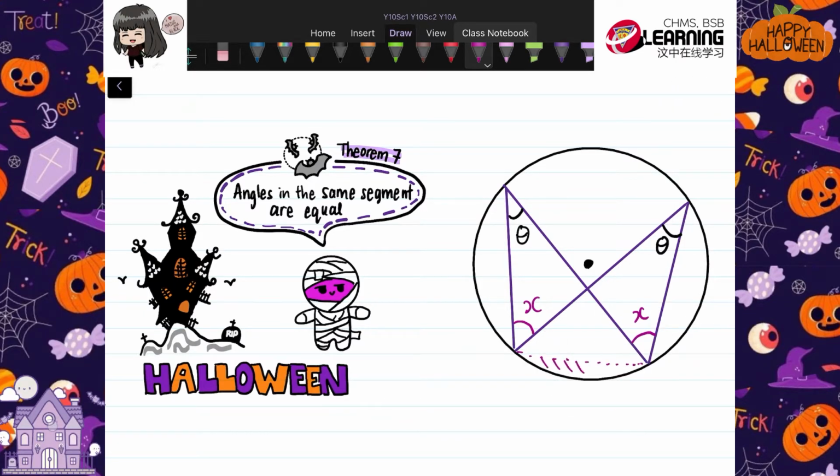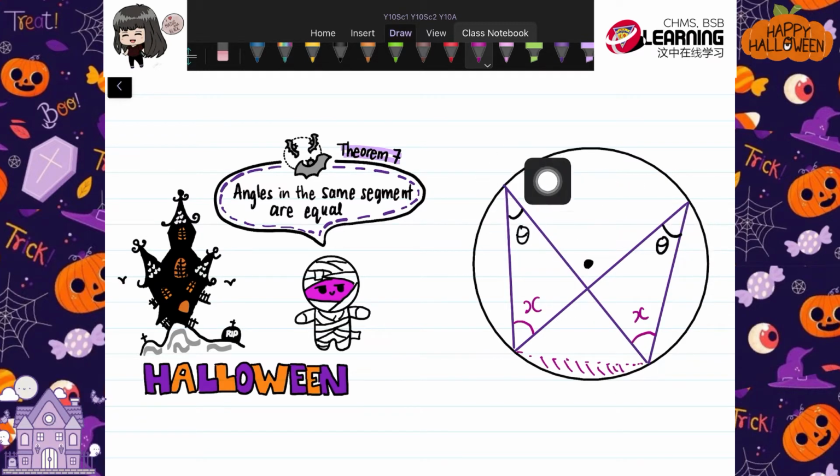This is a segment. So if we have the same segment from here, the angles going through here, these two chords from the same segment, this one we call an angle, and the other angle over here, these two angles within this same segment are equal.